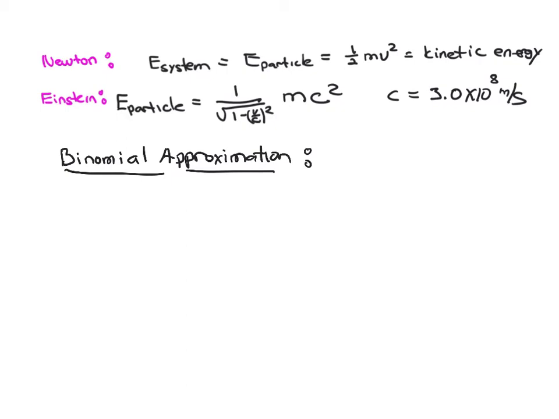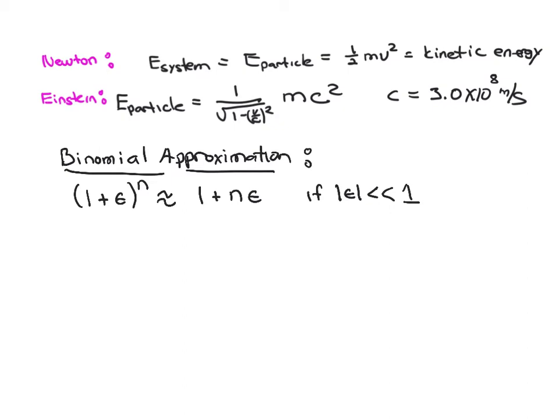It's a mathematical fact that if you have an expression of the form 1 plus epsilon raised to the nth power, you can approximate that as 1 plus n times epsilon. And that approximation is a good approximation to the extent that the magnitude, the absolute value of this quantity epsilon, is small compared to 1.